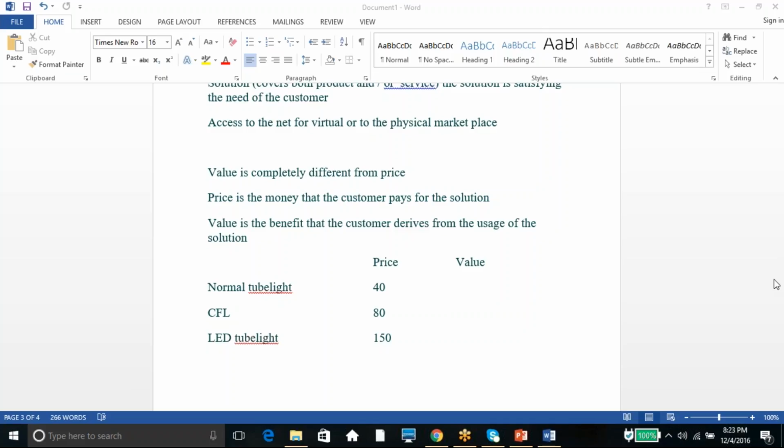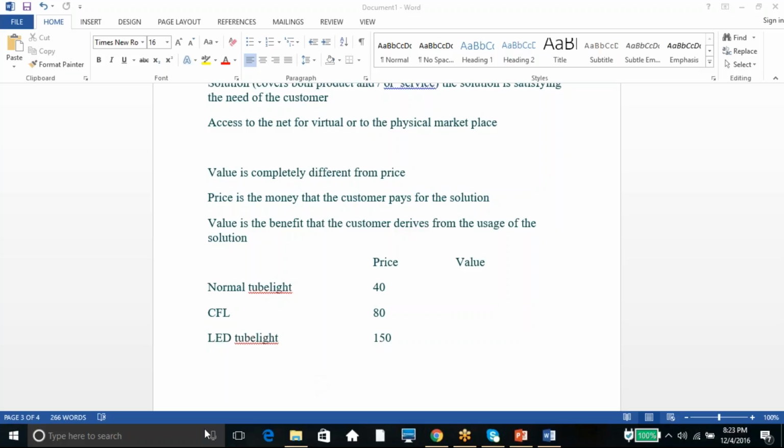But all educated people, whenever they are going for a change now, are preferring to move to the LED tube light. But do you think a product will work only because it is innovative or new? It works because it derives more value.